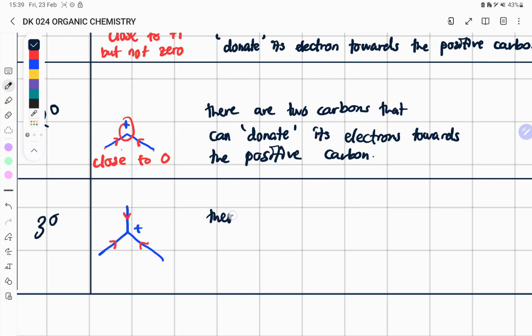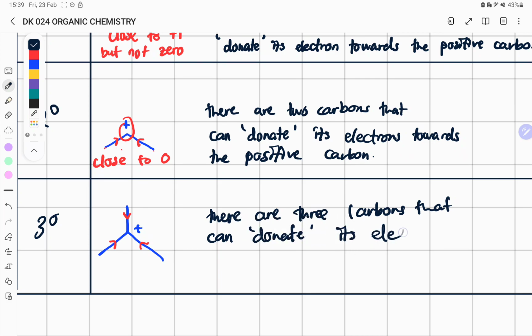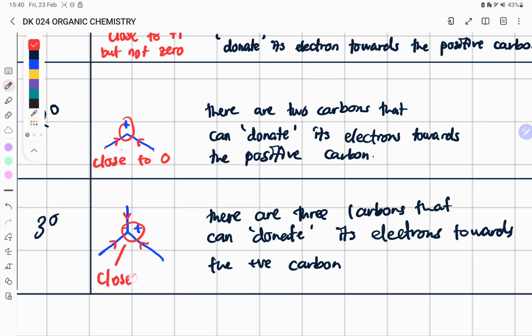So there are 3 carbons that can donate its electrons towards the positive carbon. Jadi as a result, this carbon right here closest to 0. Okay, so it is closest to 0.